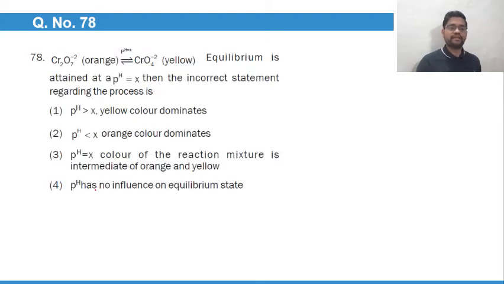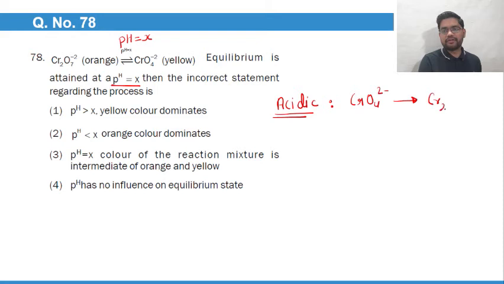Okay, 78. So chromate ion, orange, pH is equal to X, gives you yellow. Equilibrium is attained at pH equal to X. Then the incorrect statement is, okay, so for this you should know that in acidic medium, CrO4 2- gets converted into Cr2O7 2-.